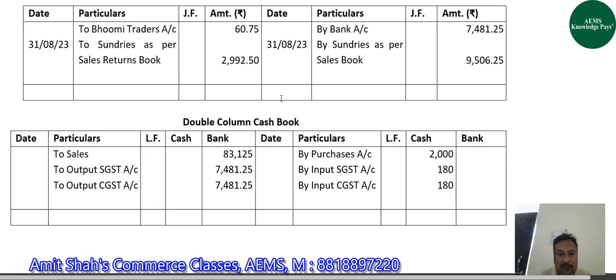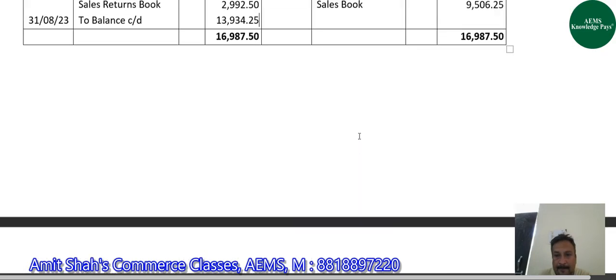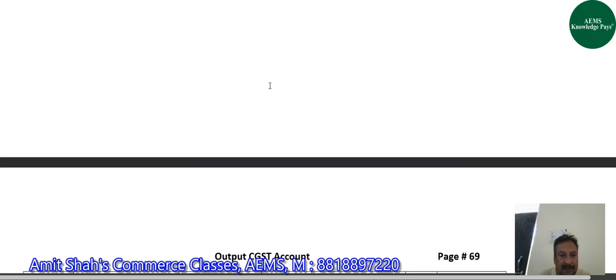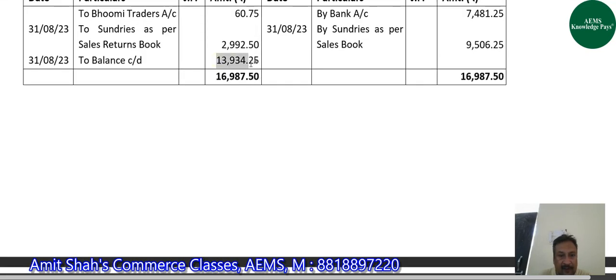Next account that we have is output CGST account. This will also have the same balance, that is 13,934.25. Why?